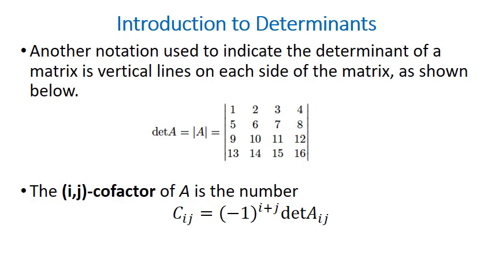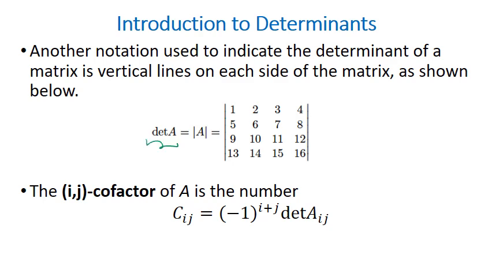All right, so now we're going to dig a little bit deeper into that definition of a determinant. And we are going to address something called the IJ cofactor. So this is helpful when we have matrices that are bigger than 3x3. So a little bit of notation.